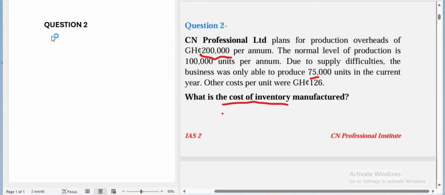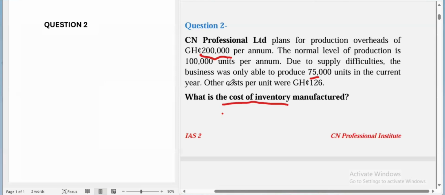If you watched part 1 of this standard, we said inventories are either purchased or they are manufactured. If they are purchased, then their cost will be the purchase cost. If they are manufactured, then their cost will be the conversion cost. So here, in this particular question, the inventory is not purchased, but it is manufactured.